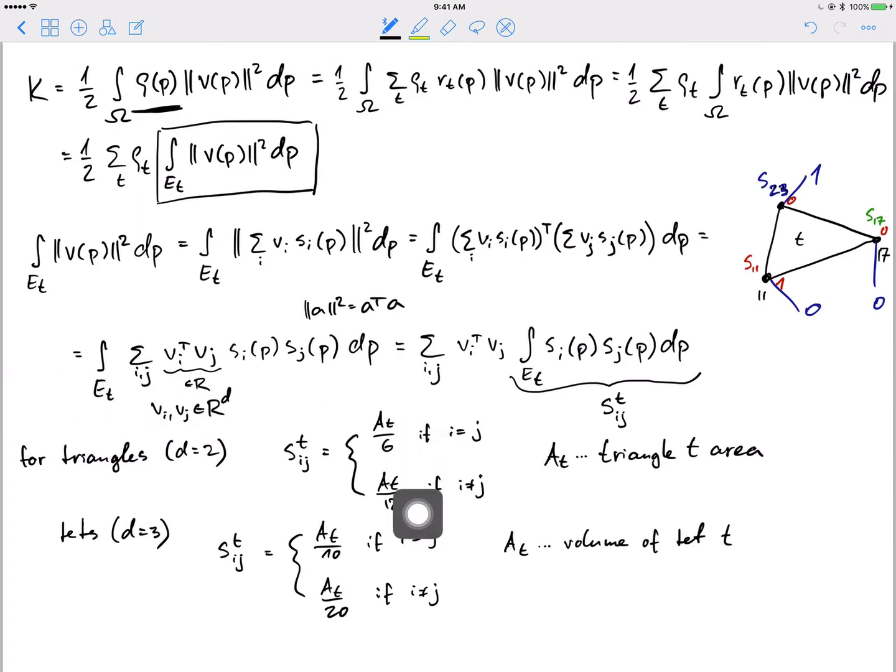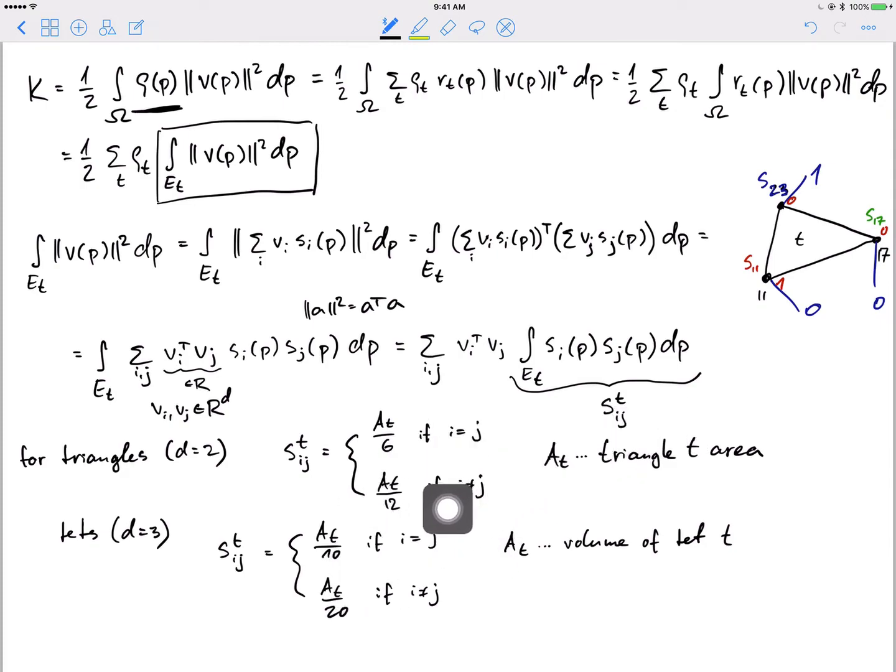The only thing that changes are these denominators. That's the only thing that changes between triangles and tetrahedra, and that's also why I'm explaining them together.